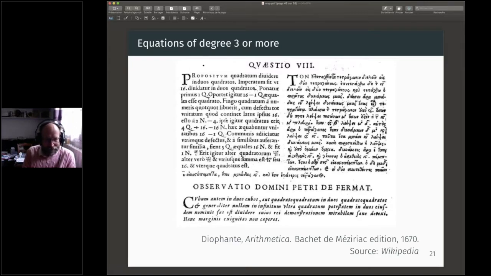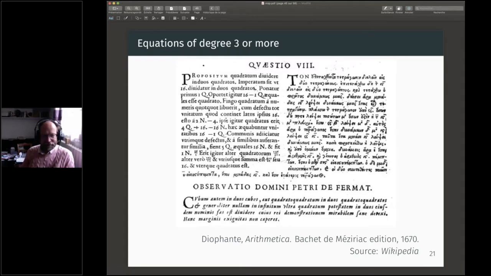So what Diophantus says is basically the solution of the equation x² + y² = z². So the sum of two squares is a square, the Pythagoras equation.